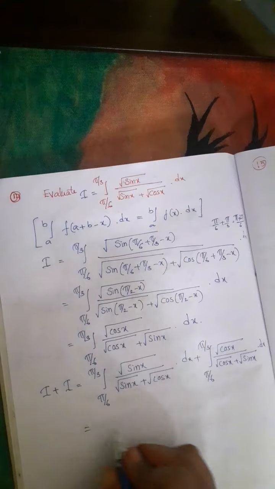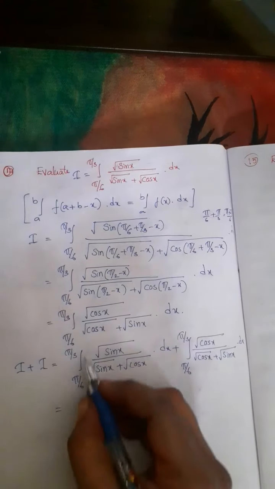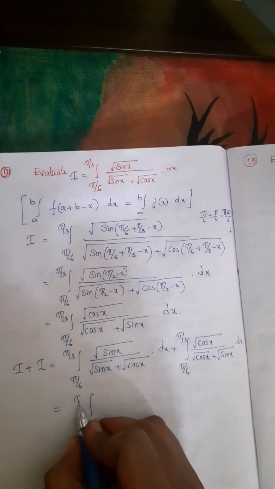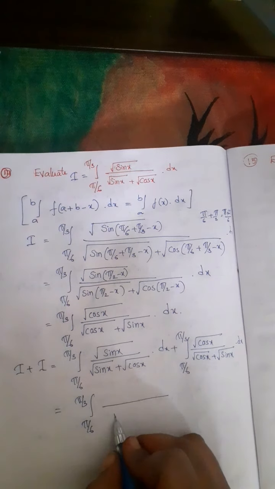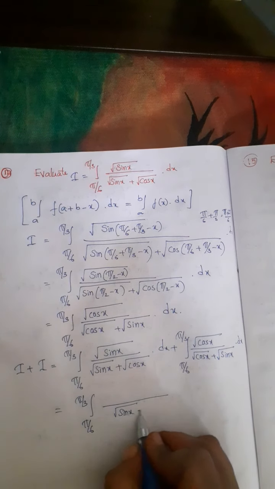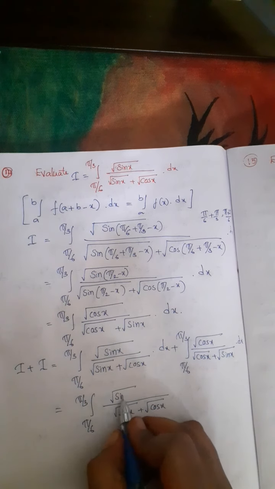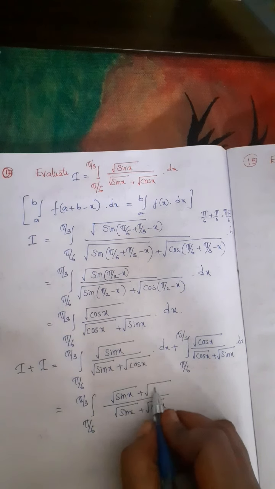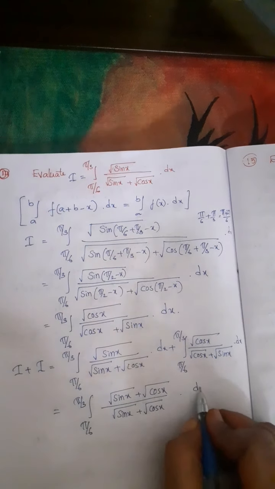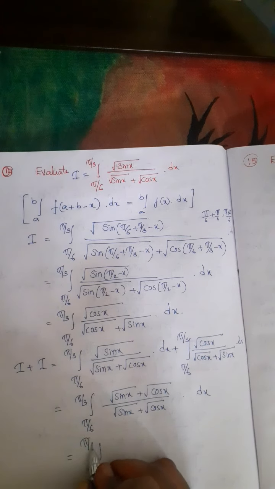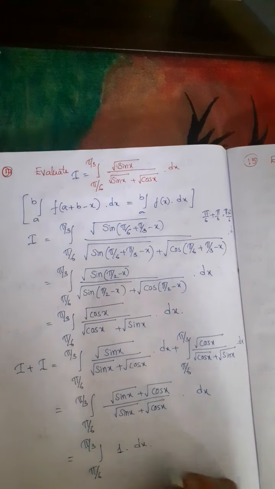The denominator part is same and the limits also same, so we can write together. The numerator part is also same as the denominator, so this yields 1, that is 1 into dx.